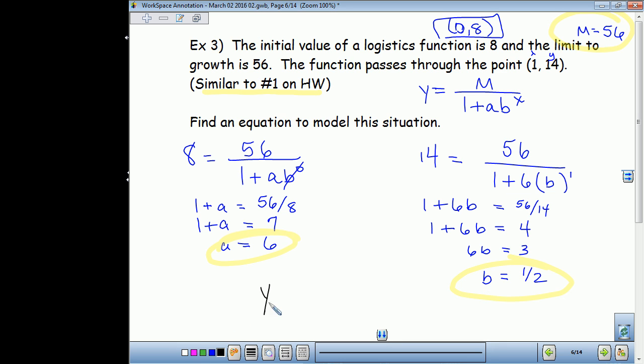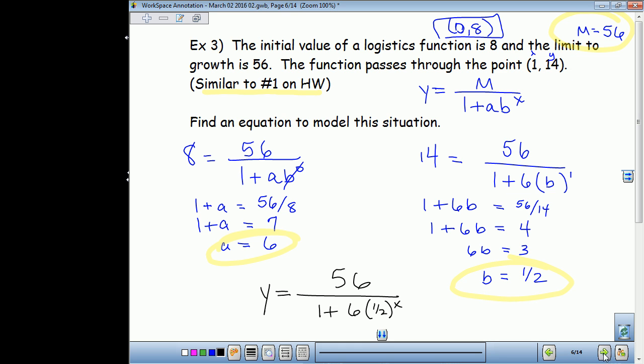So my equation is y equals 56 over 1 plus 6 times 1/2 to the x. Make sense?